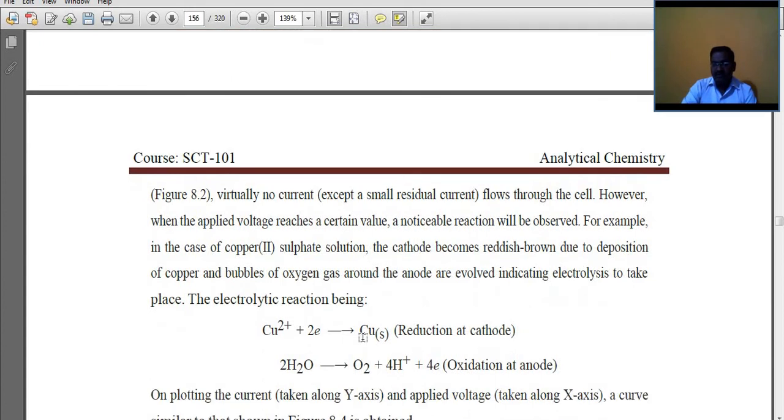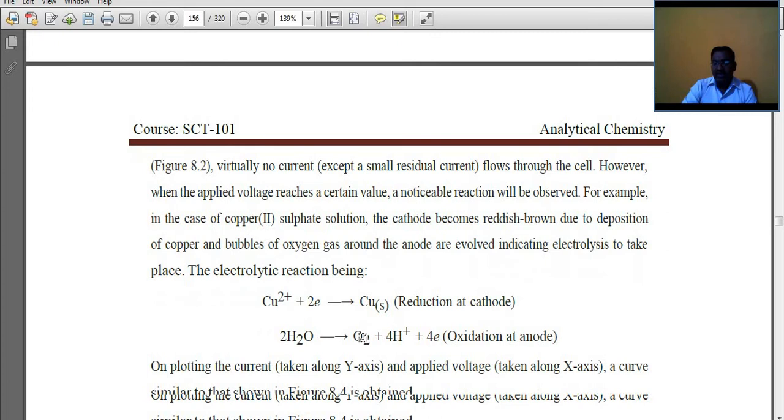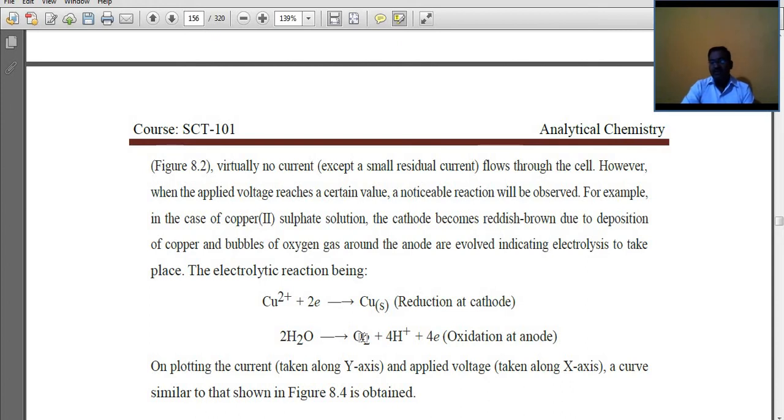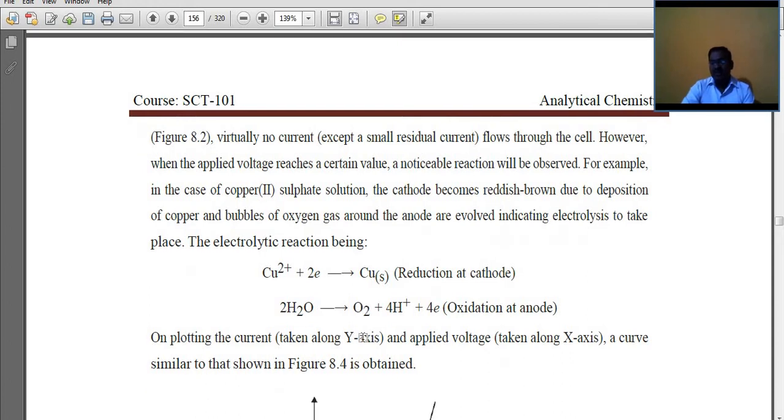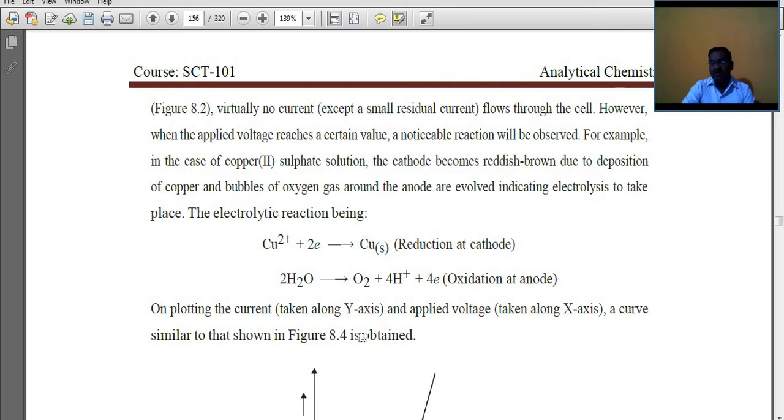For example, in the case of copper sulfate solution, the cathode becomes reddish brown due to deposition of copper and bubbles of oxygen gas are evolved around the anode, indicating electrolysis is taking place.